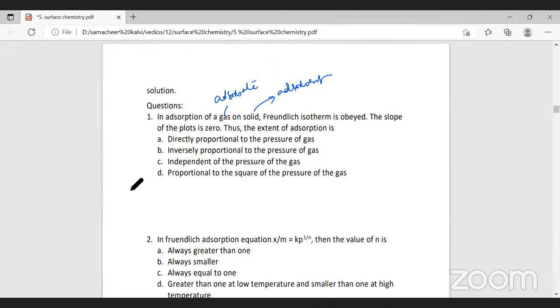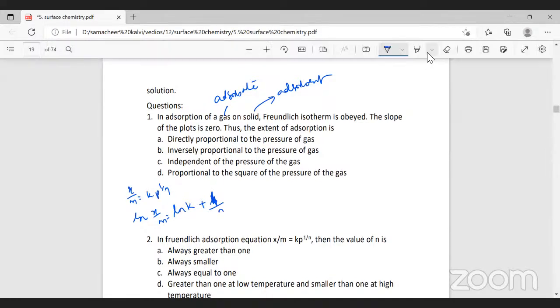We know the Freundlich adsorption isotherm, x/m = k p^(1/n). Taking natural log on both sides, ln(x/m) = ln k + (1/n) ln p.